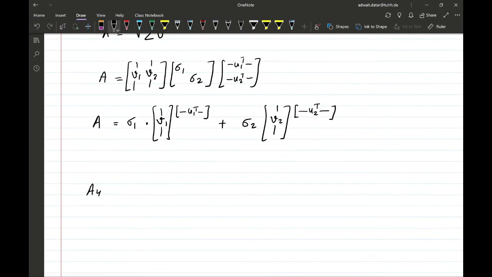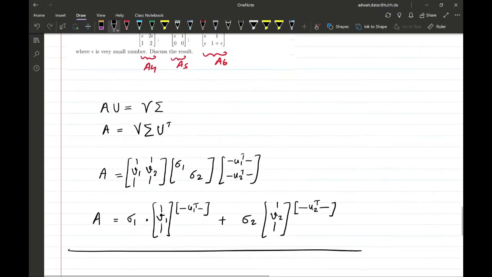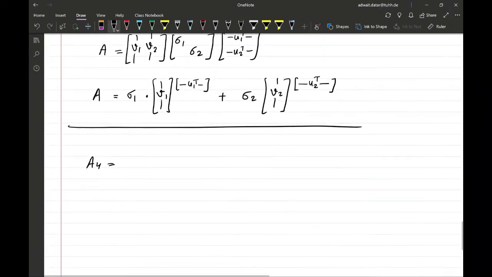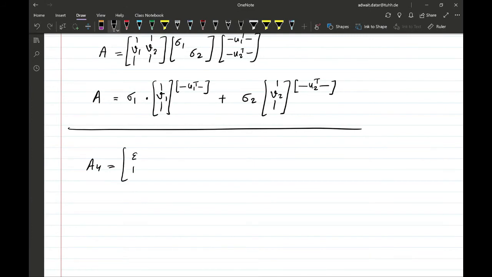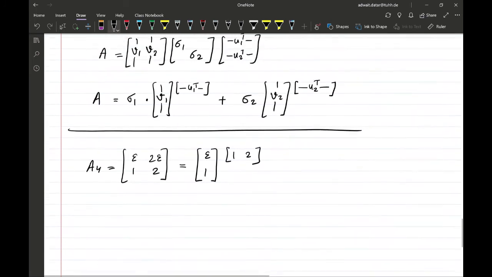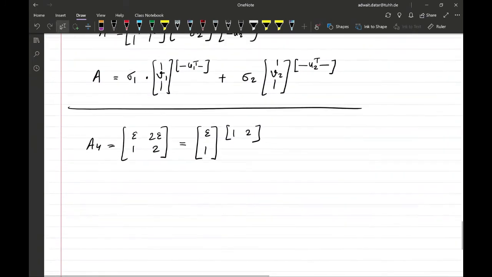So A4 is the matrix with columns epsilon 1 and epsilon 2. Notice that the second column is 2 times the first column, so we can clearly write this as epsilon times (1, 1) times (1, 2).